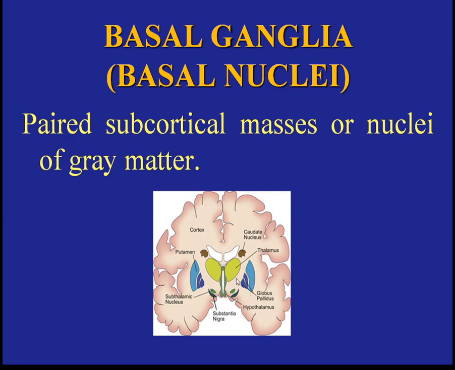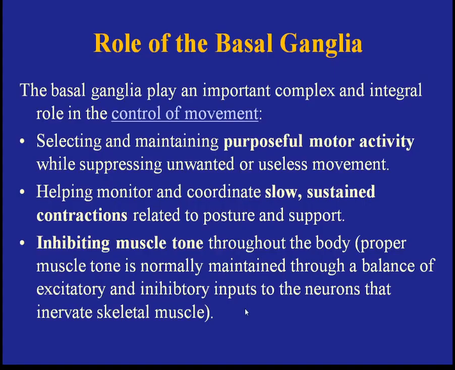You can see on this picture nucleus lenticularis or lentiformis, putamen and two globus pallidus, nucleus caudatus, subthalamic nucleus, substantia nigra.